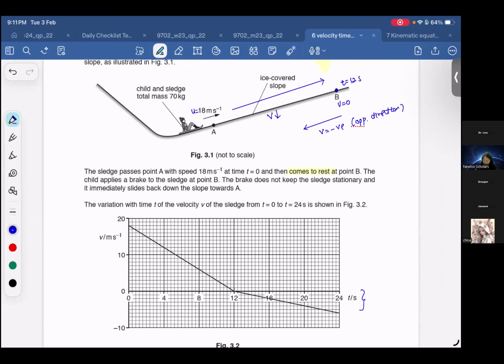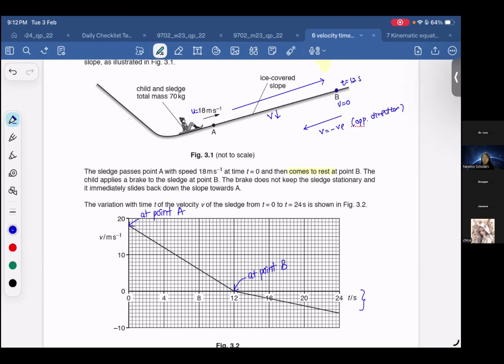So this is at point B, and here is at point A. Then at point B, the brake isn't able to hold, so it goes backwards. Backwards means the opposite direction, so your graph should go to the negative region. That is the part from 12 seconds to 24 seconds.